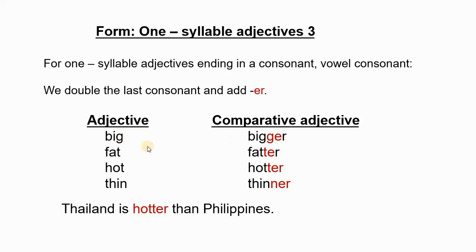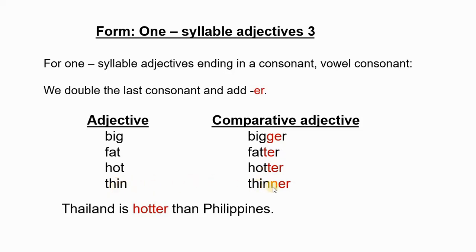So we double the last consonant, we double the letter. Here we double the letter G and add ER. So fat, fatter, hot, hotter, thin, thinner.